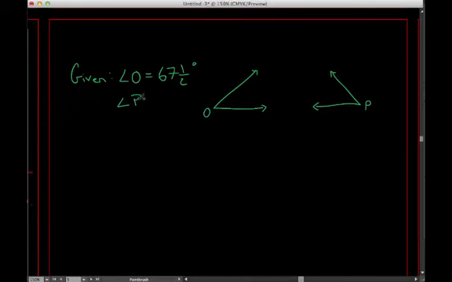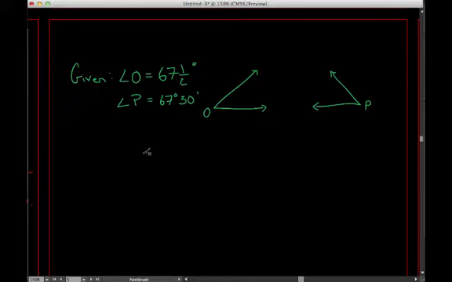And angle P is equal to 67 degrees and 30 minutes. All right, so you may or may not have seen this notation before, but we're going to talk about that in a moment.